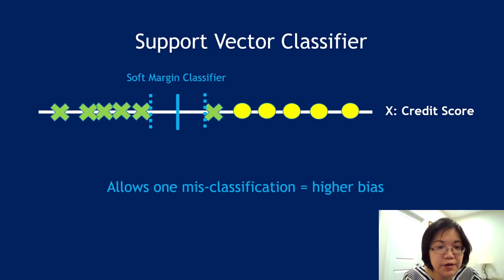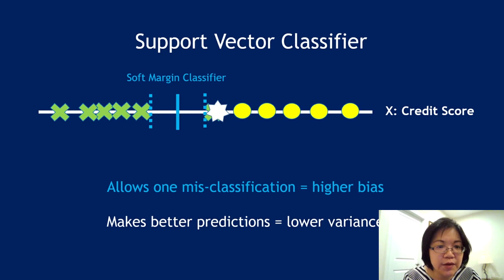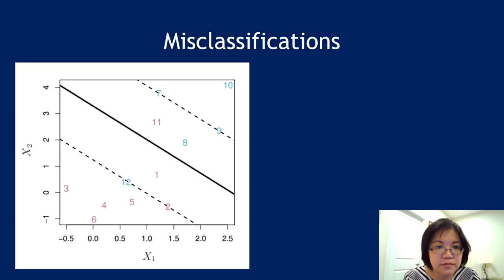So this classifier does not produce perfect performance at the training stage, meaning that this classifier produces higher bias than MMC. However, when we are presented with a test data value, this white star over here, this soft margin classifier will perform better by making a better prediction, which is lower variance from the MMC.